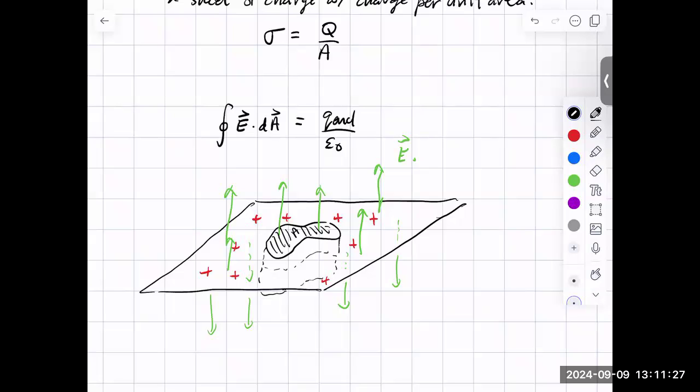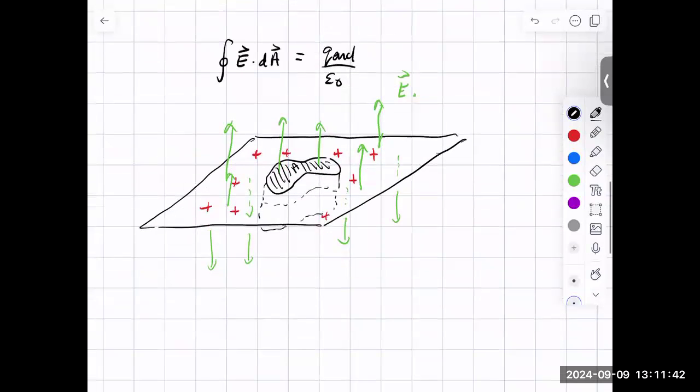Remember, the dot product E dot dA is E dA cos theta, where theta is the angle between the vectors. If they're parallel, theta is 0, and so cos of 0 is 1. And what you end up finding is that 2E times A is equal to Q enclosed over epsilon naught.